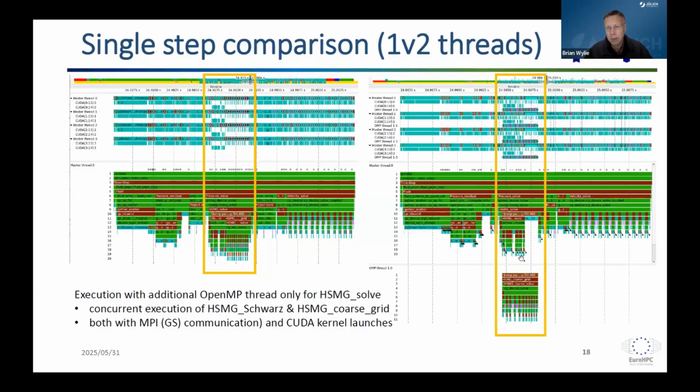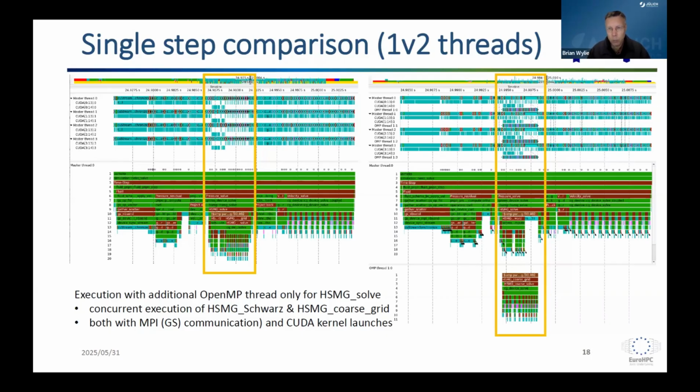Interesting to note here is that both of the threads are offloading kernels to different CUDA streams here. There's also both threads here using MPI operations, so they're both doing communication.